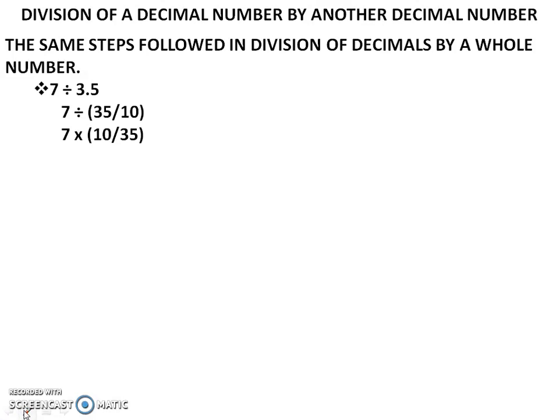Let us do 7 into 10 by 35. Okay, so I can cancel 7 and 35, isn't it? 7 fives are 35.